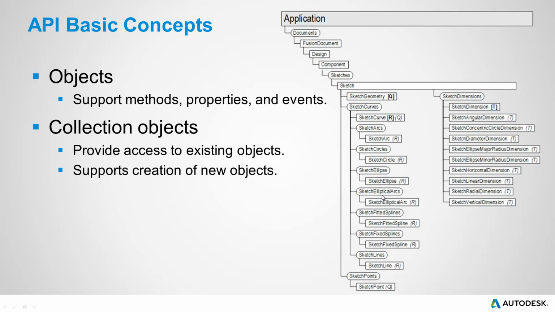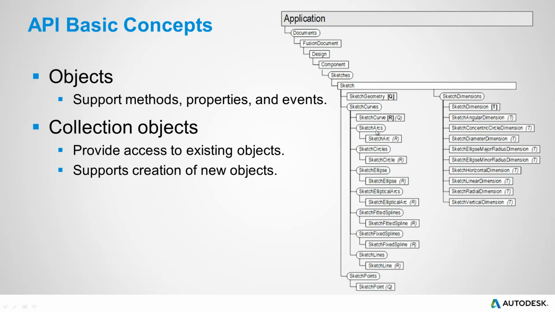So, for example, here's the sketch arcs collection. Every collection supports a property called count and a method called item. Count tells me how many objects are in that collection, and item lets me get those objects. So if I ask the sketch arcs, I could call the count property and say it returns 3. So then I know there are 3 sketch arcs in the sketch that owns that sketch arcs collection.